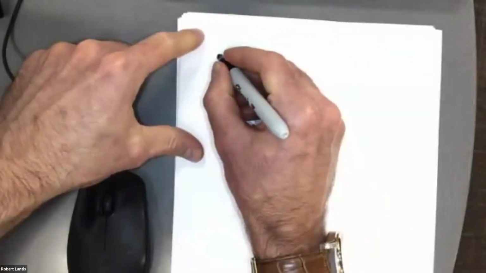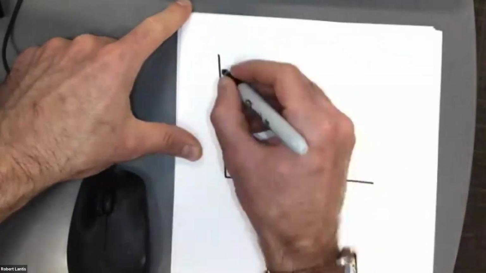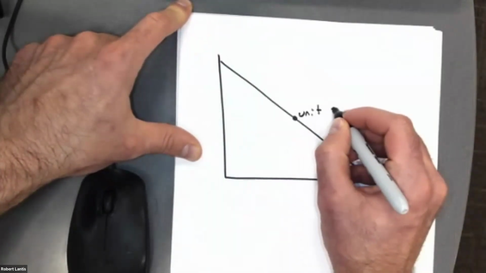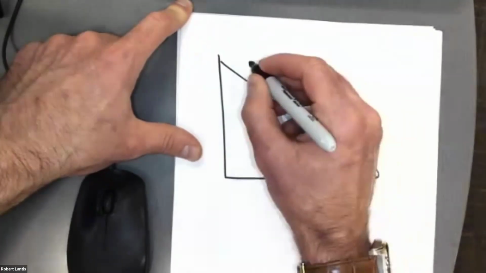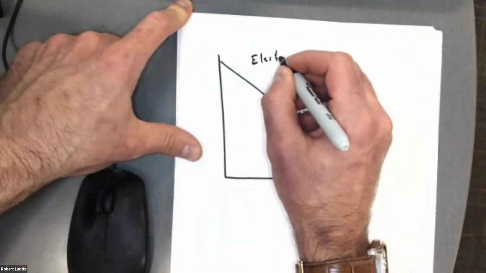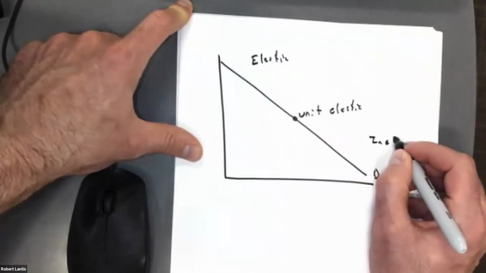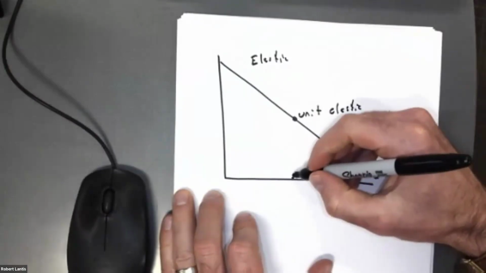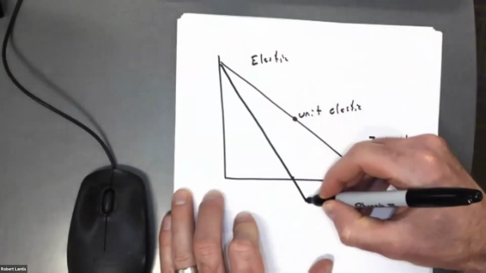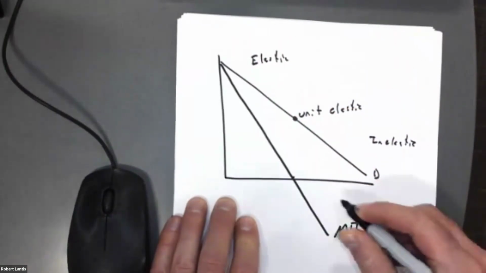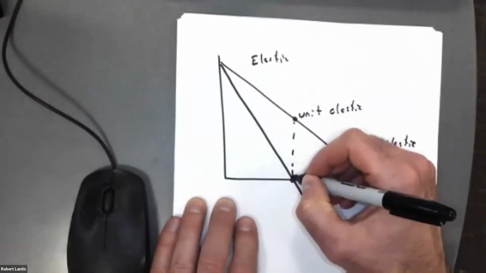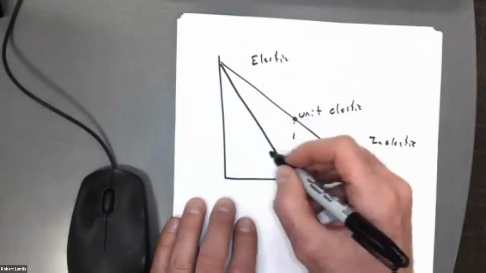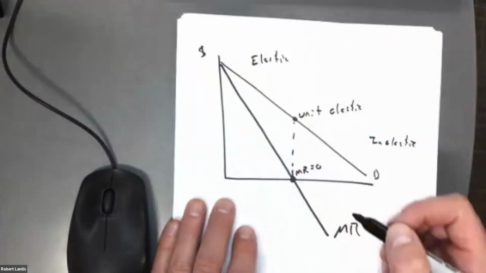Anytime I have a demand curve, there's going to be a point where it's unit elastic. Every point up here will be the elastic portion. Everywhere down here would be the inelastic portion. What will end up being true is when my marginal revenue is equal to 0, that is the unit elastic point. Anytime my marginal revenue is positive, elastic.